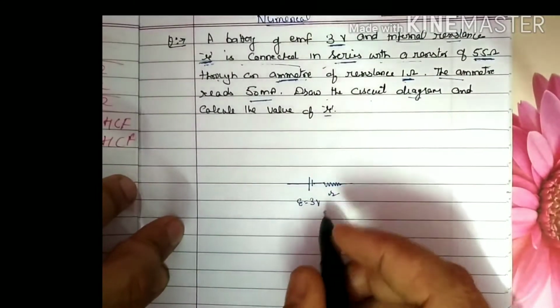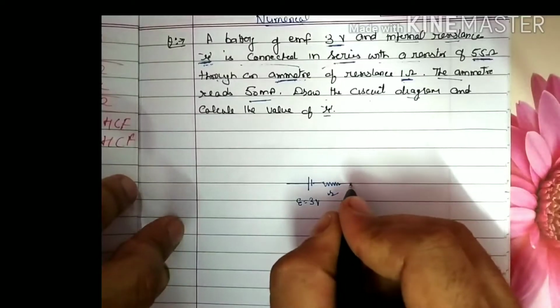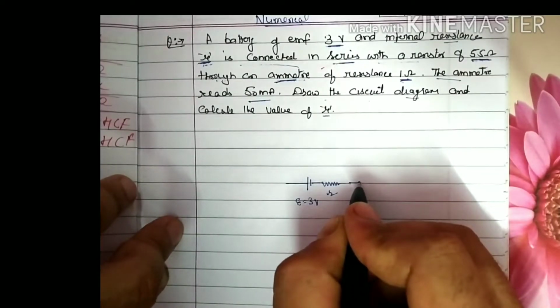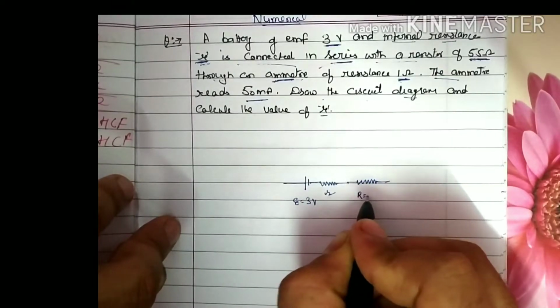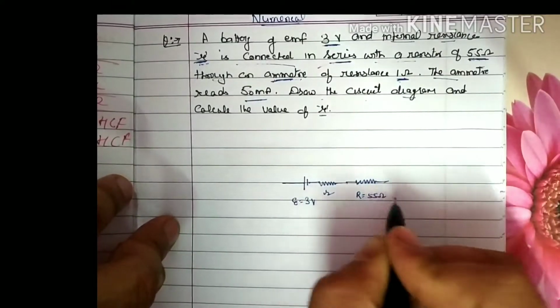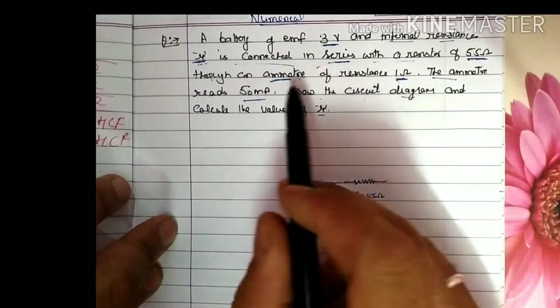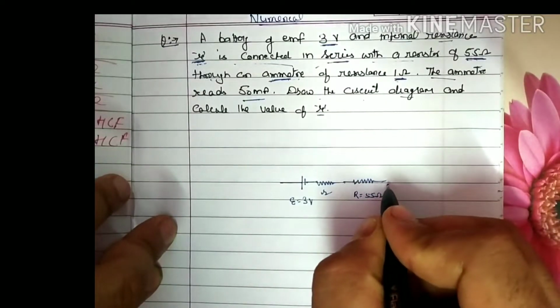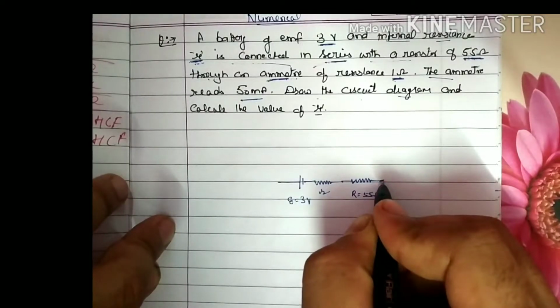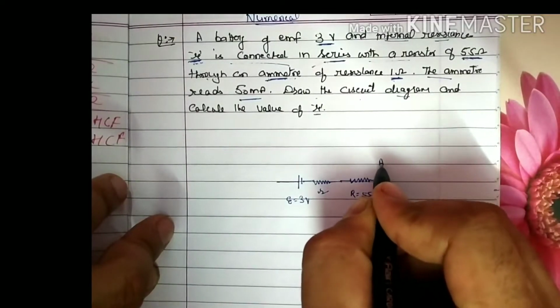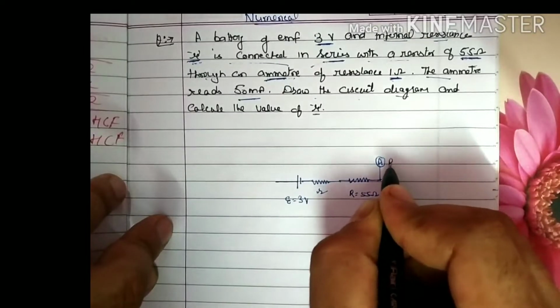This is a resistor of 55 ohm, and the ammeter is also connected in series with the circuit. This is our ammeter of resistance.